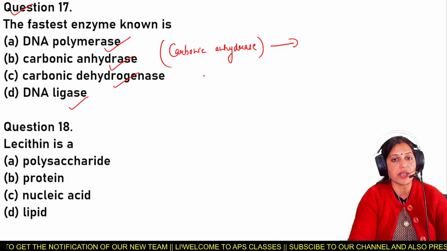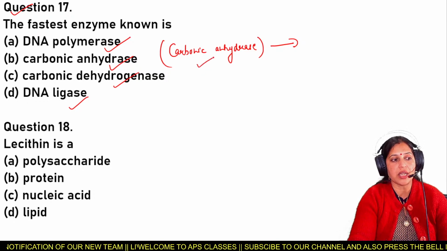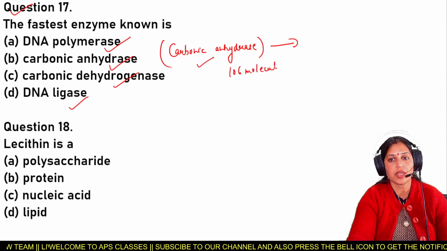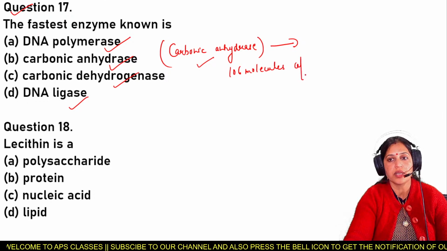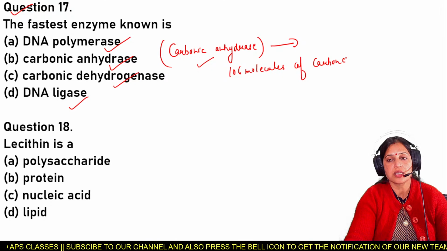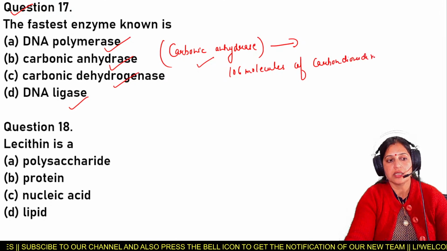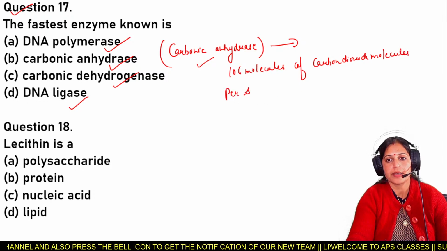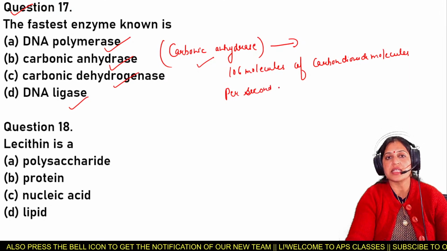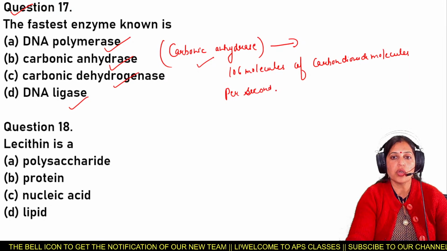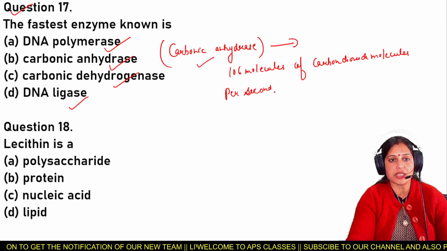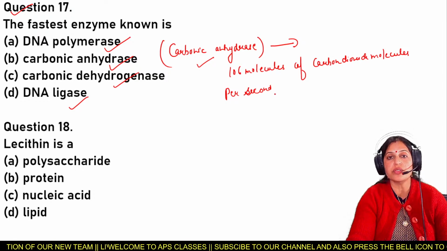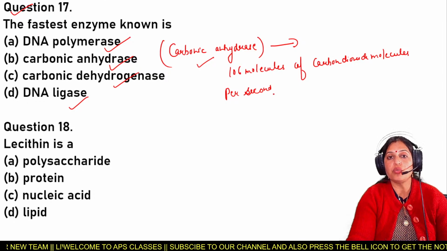Because the fastest enzyme known, carbonic anhydrase, converts 10^6 molecules of carbon dioxide per second.